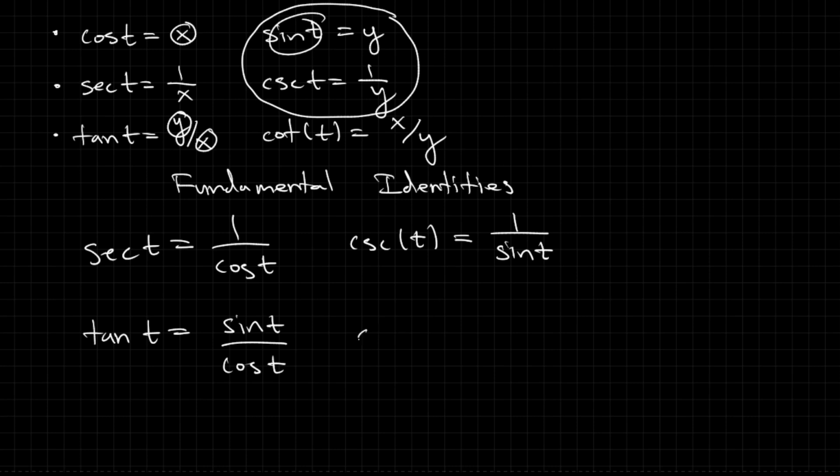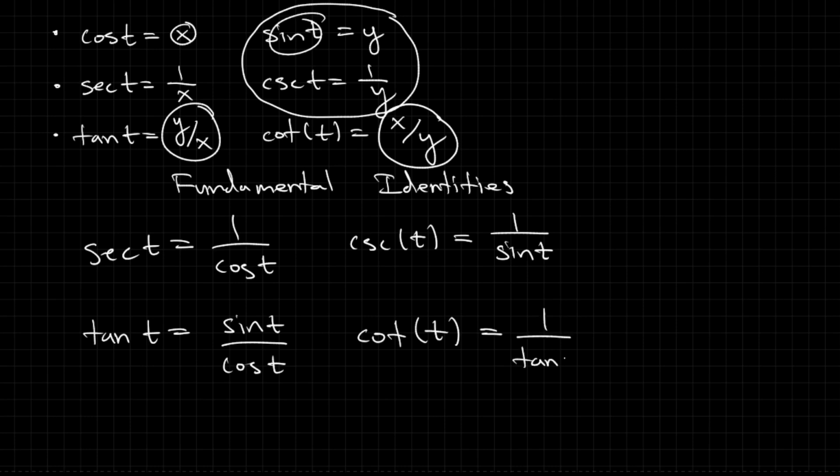And finally, cotan, not cosine, but cotan of t, that's x over y, which is y over x, just flipped. So that is the same thing as 1 over tangent of t, which if you replace x with cosine of t and y with sine of t, you get that this is cosine of t divided by sine of t.